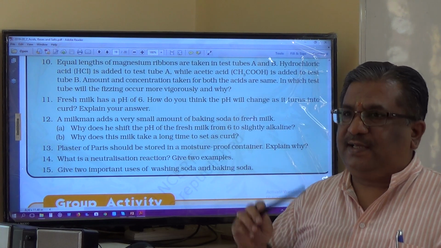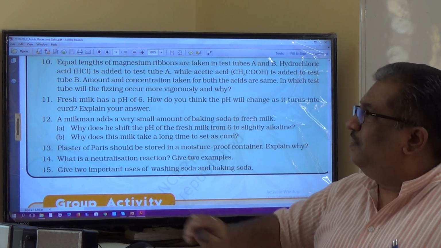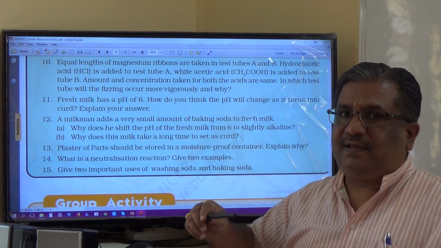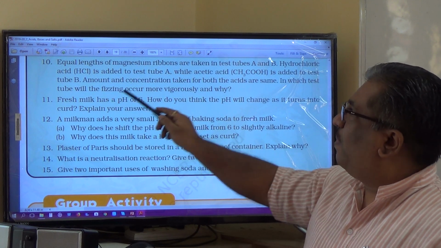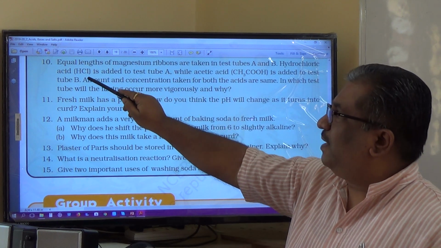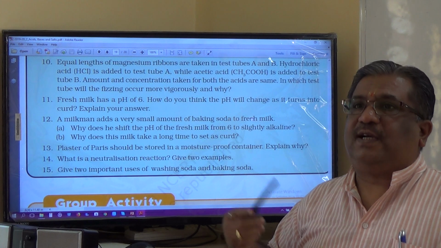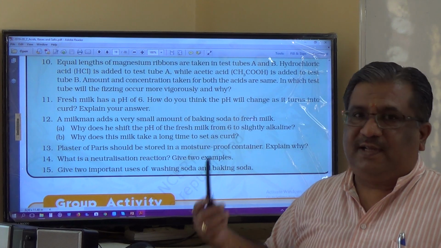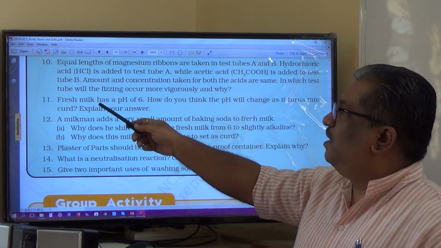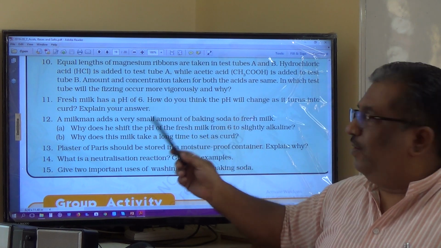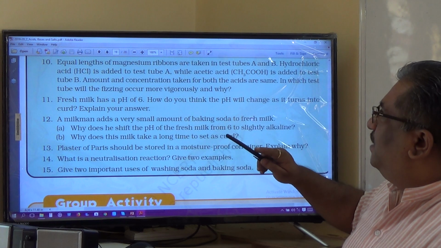Remember, in both cases hydrogen gas is evolved, but the fizzing should occur. Fizzing means it should come out. Hydrochloric acid is a strong acid which undergoes complete dissociation and the reaction is faster, and therefore magnesium reacts with hydrochloric acid to produce fizzing of hydrogen gas, compared to acetic acid.